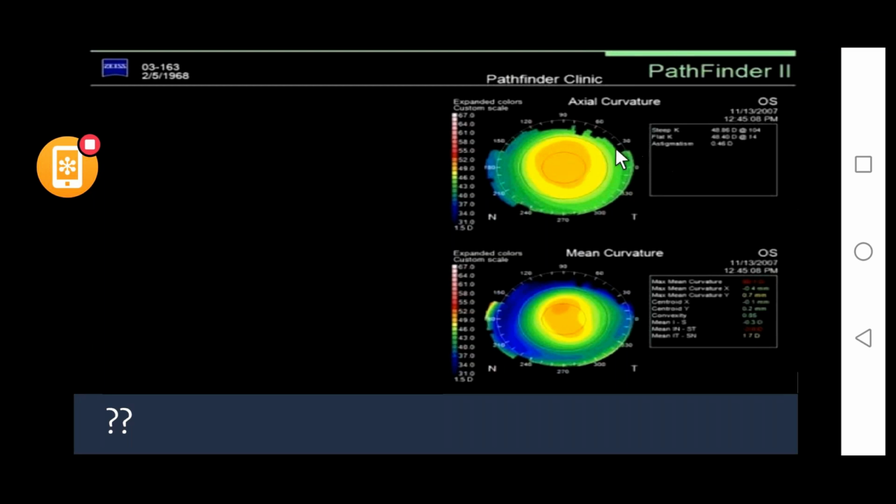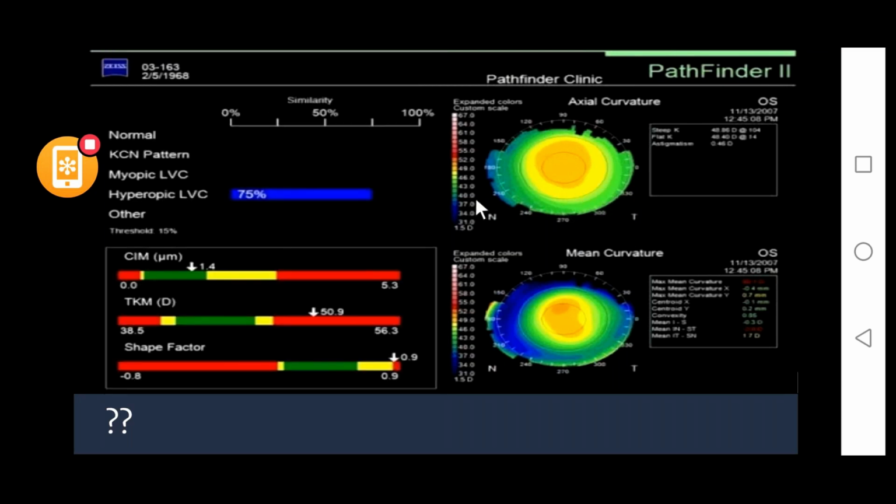So let me tell you. Now please look at the chart very critically. This area is a steep area and this is a flatter region, right? So in what kind of cases do we see such an appearance? That is in hyperopic LVC.